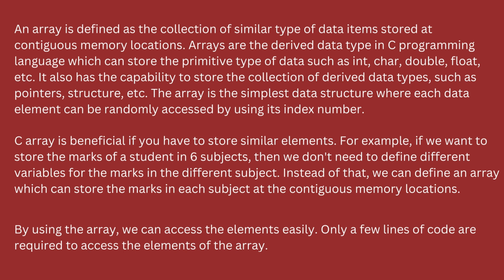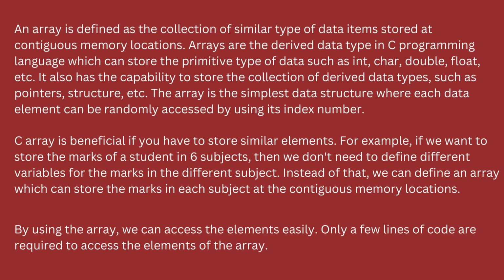For example, if we want to store the marks of different students in 6 subjects, it's another scenario. We have to store the marks of a student of 6 subjects. Then we will not need to define different variables for the marks in different subjects.